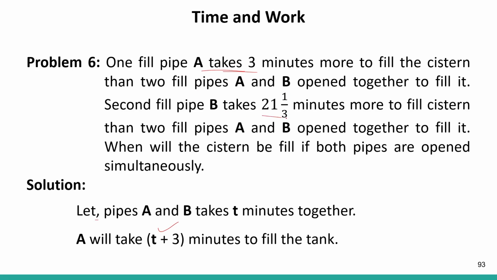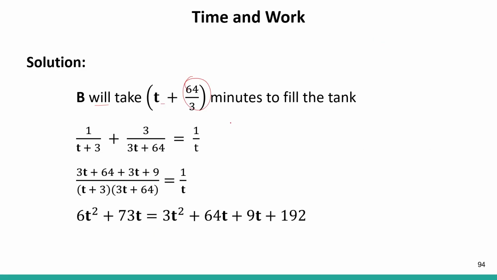B takes 21 whole and 1/3 minutes more. Converting this mixed number to a fraction, we get 3 into 21 plus 1, which is 63 plus 1, equal to 64. So 64/3 minutes.